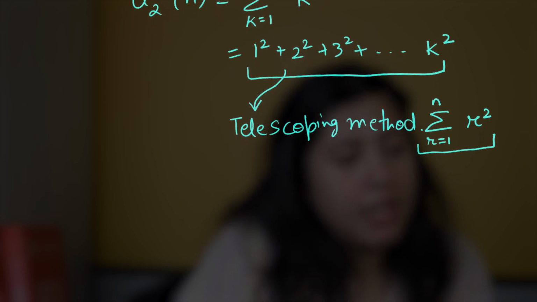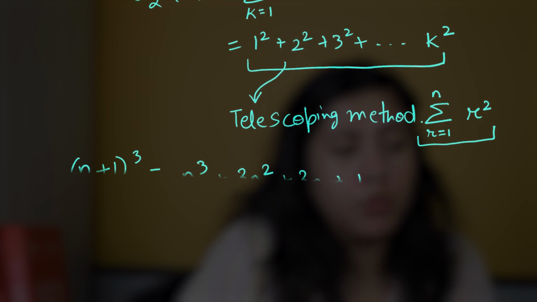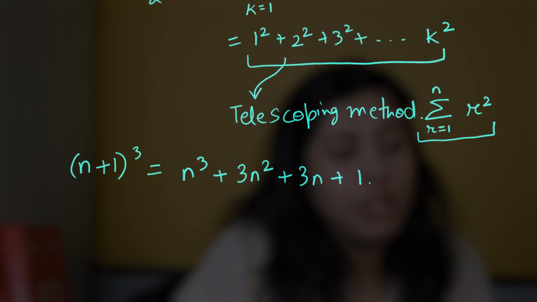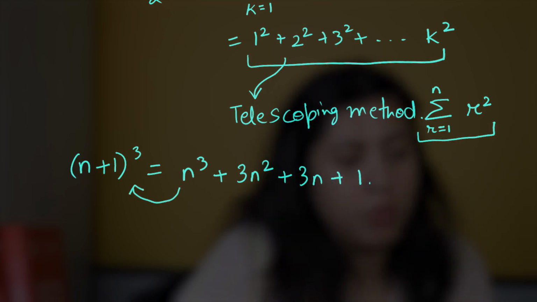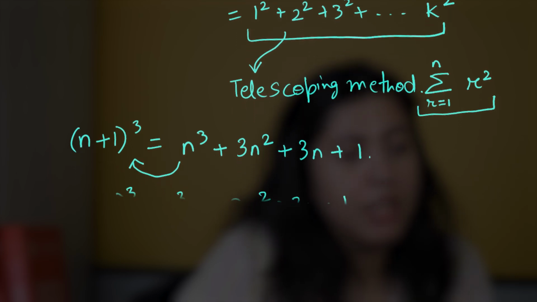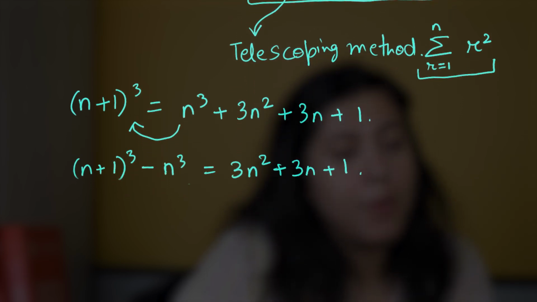We know that n plus 1 whole cube can be written as n cube plus 3n squared plus 3n plus 1. Moving n cube on this side, we have n plus 1 cube minus n cube is equal to 3n squared plus 3n plus 1.